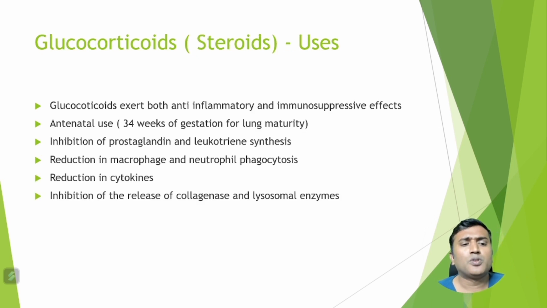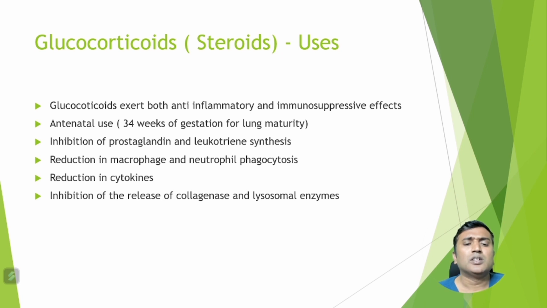Now, we should also see what are all the uses. Glucocorticoids exert both anti-inflammatory and immunosuppressive effects, which we have already mentioned earlier. Now, it also has antenatal use, as we already know that to deliver a baby, we need 37 to 42 weeks of gestation.